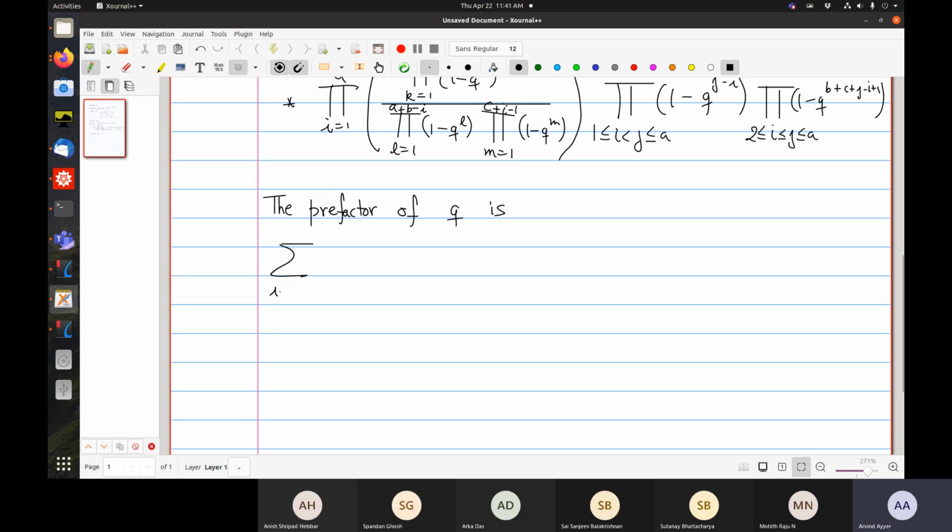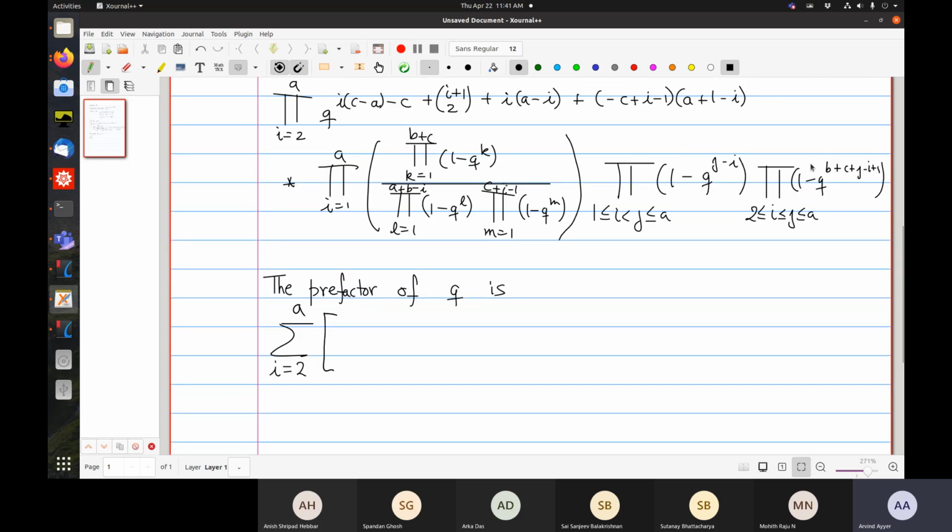It's the sum over I going from 2 to A. Let me just expand everything so that we can cancel the obvious things. IC minus IA minus C plus I into I plus 1 by 2 plus I plus IA minus I squared.